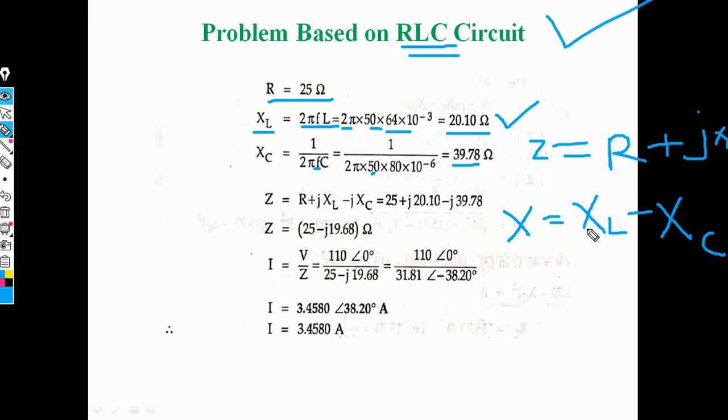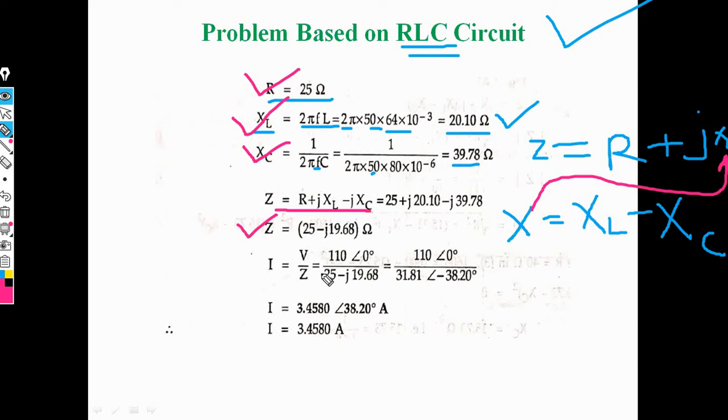That is Z is equal to R plus JXL minus JXC. Then put the values of R, XL and XC. Then we obtain Z is equal to 25 minus J 19.68 ohm. Now this is the impedance.